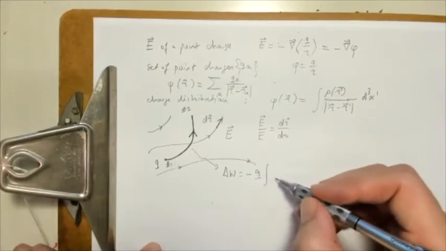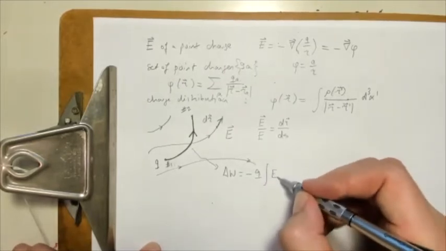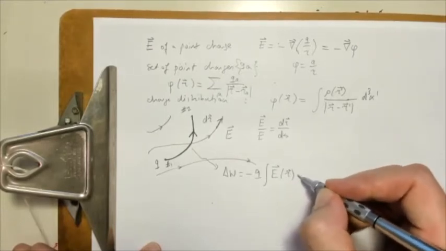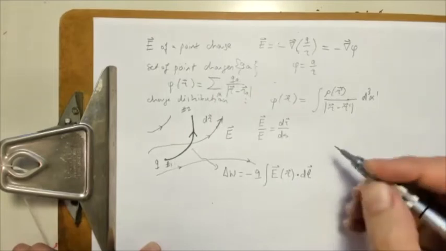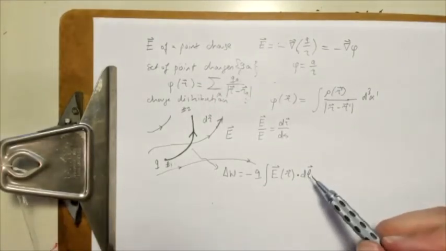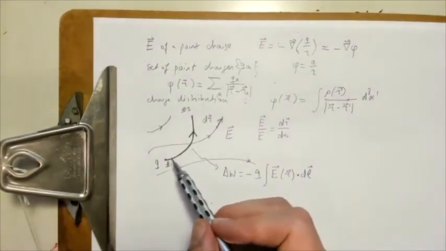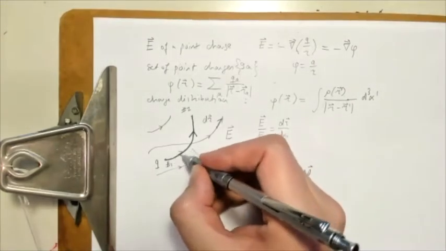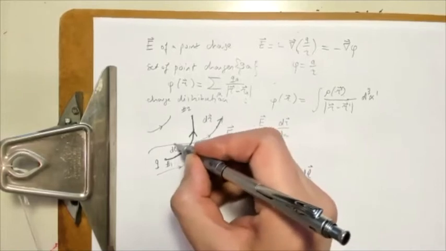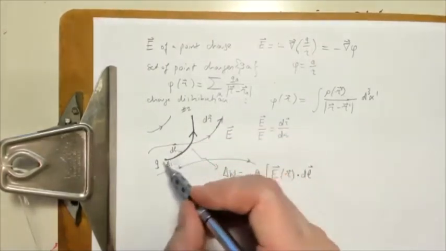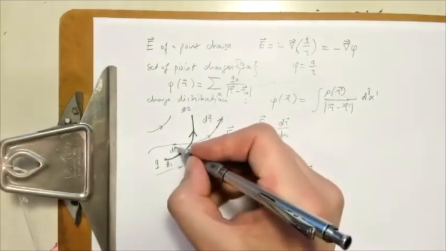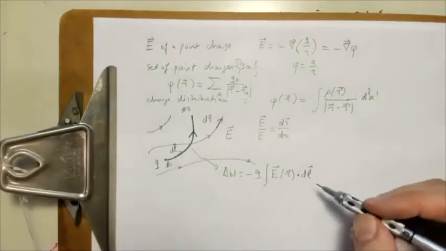So Q times E is the force, so that's going to give you E, and now we're dotting that with dL, where dL are the infinitesimal sections, dL vector, here. So at every point here, we're evaluating the dot product of dL with E, and we're just integrating that.